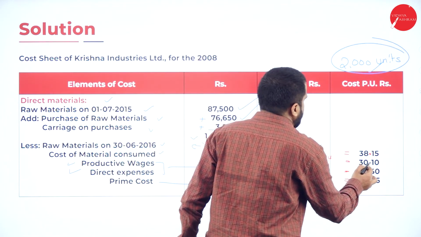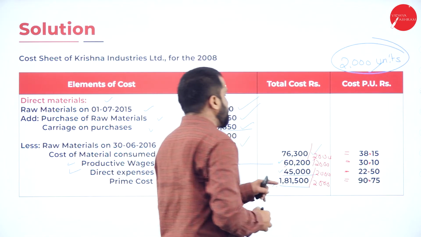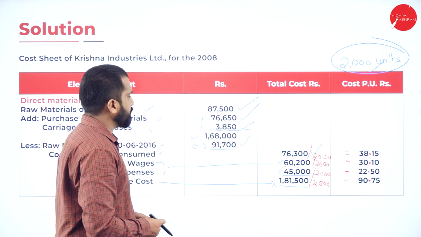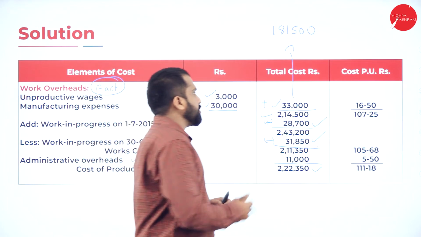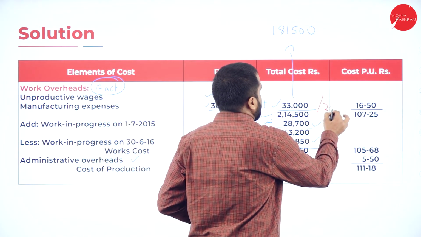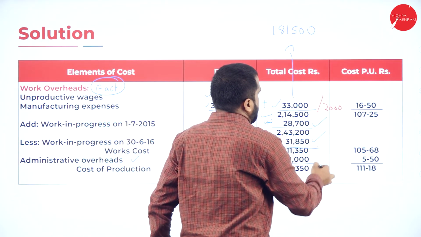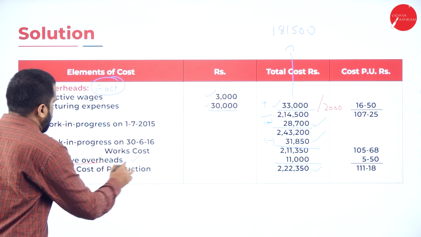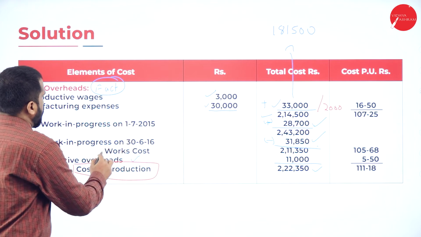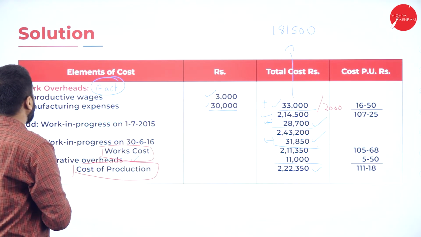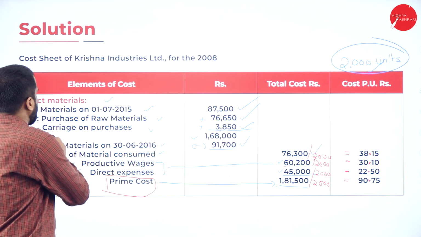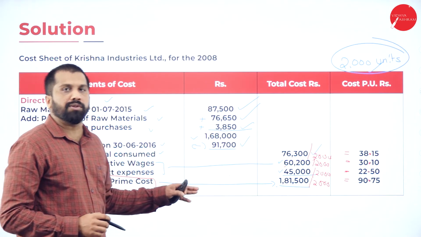Similarly, whatever is in the outer column, just divide by 2,000, you will get your cost per unit. So here also, 33,000 divided by 2,000. Wherever you have cost of production, work cost, then prime cost, these you are supposed to divide.